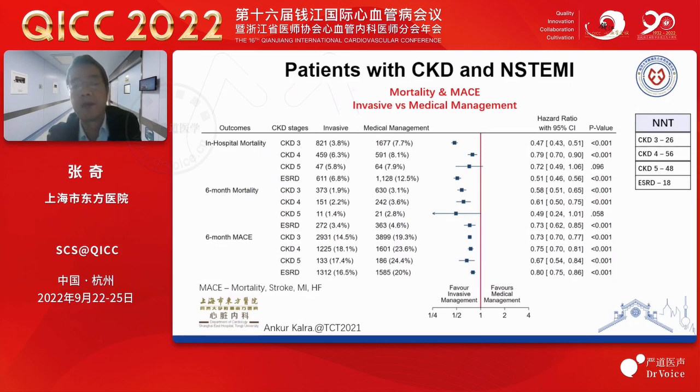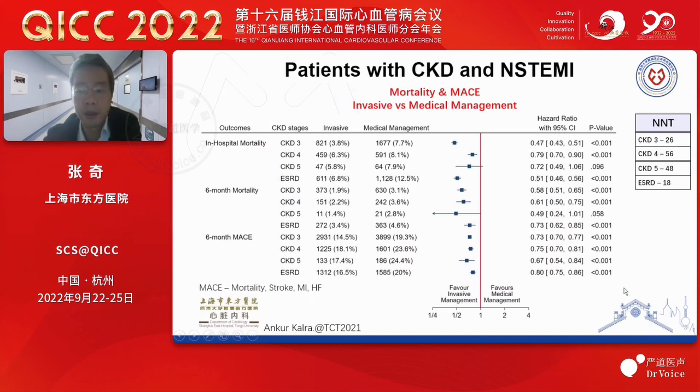And then for the CKD patients with non-STEMI, we can see that this could be very different. For CKD concomitant with non-STEMI, we found that for in-hospital mortality and 6-month mortality, the results preferred the invasive strategy rather than the conservative strategy.